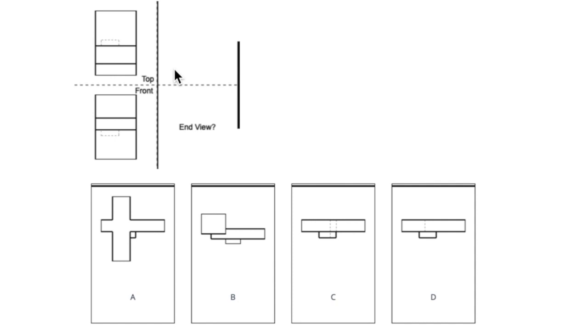So let's first just look at the top and front views to get an idea of what the side view should look like. If we look at the top view, imagine you are looking down at the object from above. We can see that there is something that is this length and it's pretty long, so we need to look for something to match this length.